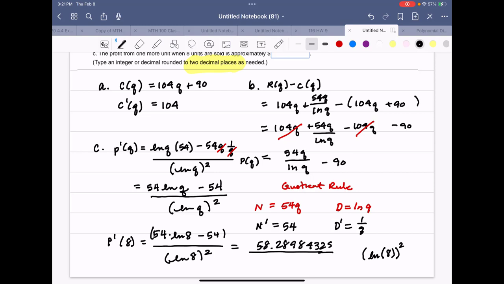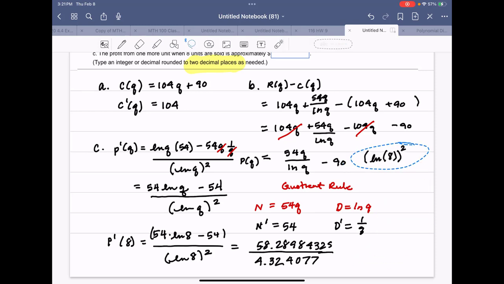That's 4.324077. And that should be enough since I'm going to only go to 2 places. Right? So I'm going to now, for the last step, divide these 2 numbers. 4 places is probably enough, rounded to 2 places.